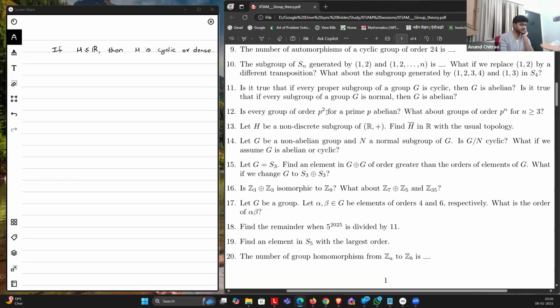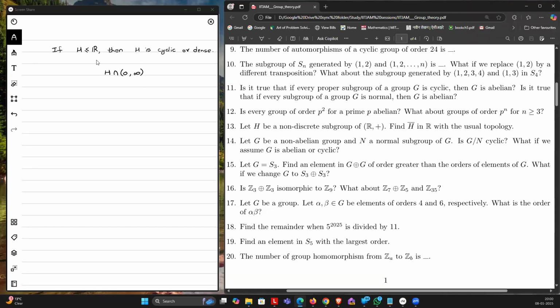You can try to prove this by looking at H intersection 0 comma infinity. Everybody knows what infimum, supremum, and all of these things are, right?